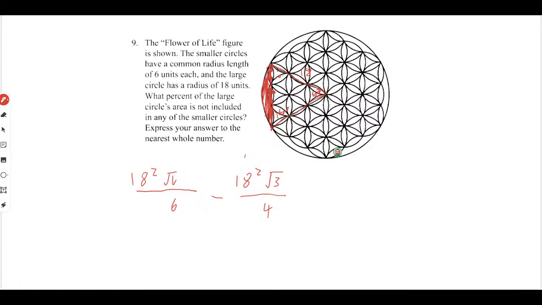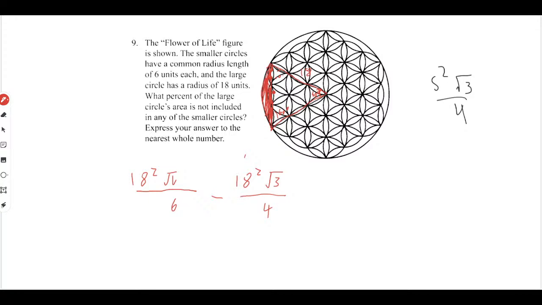Do you know the formula for the area of an equilateral triangle? Yes, it would be the side squared times root 3 over 4, right? And if you don't know that, you can just derive it. If you don't know the formula, you can find it by making other triangles.